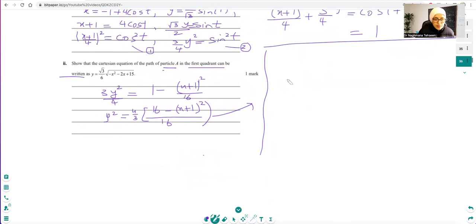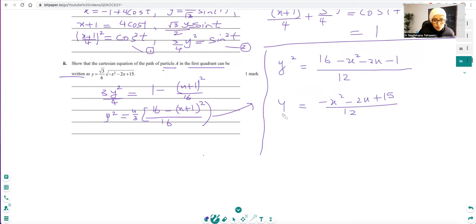So y squared is equal to, this would be 12, and then we have 16 minus, expanding this bracket will give me x squared plus 2x plus 1. That can be simplified to negative x squared, negative 2x plus 15 over 12, and that is y squared.